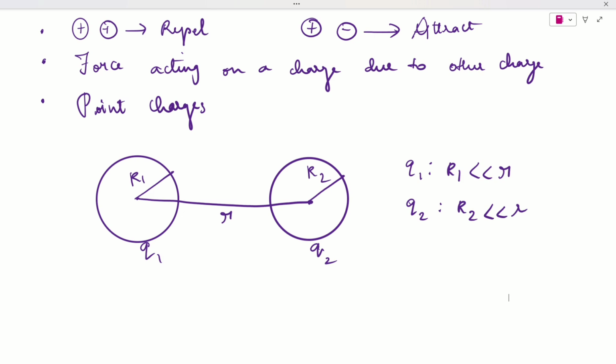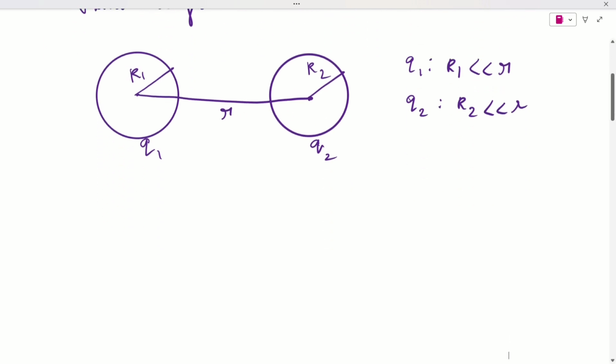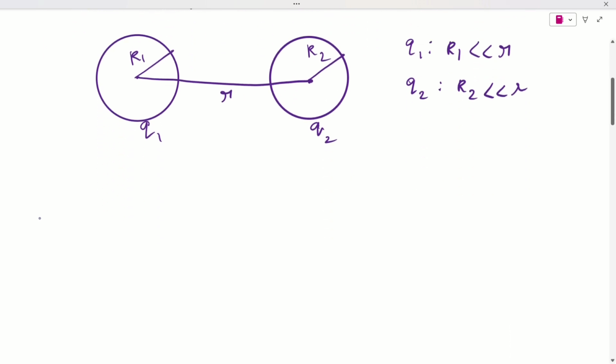We can definitely say the earth and sun are point charges because the radius of the earth and the radius of the sun are very small compared to the distance of separation between them. Obviously, for us, the sun and earth look very big in size, so we might not consider them point charges, but they are, because their radii are very small compared to the distance between them. Now we have a clear idea about what point charges are.